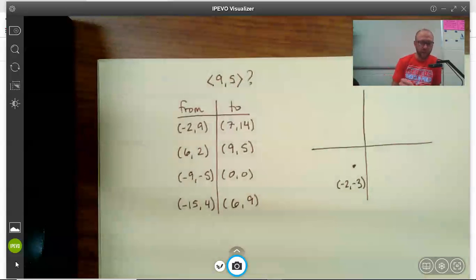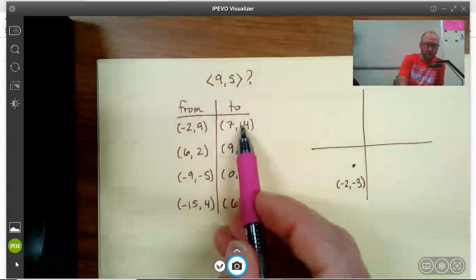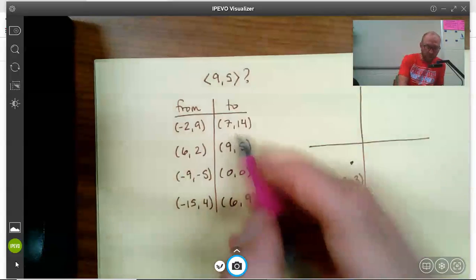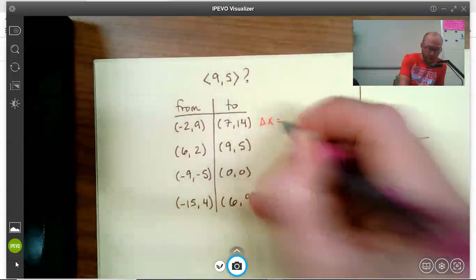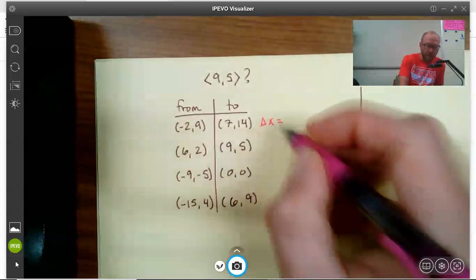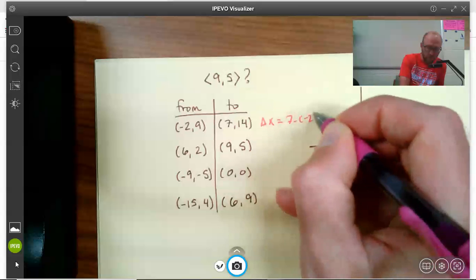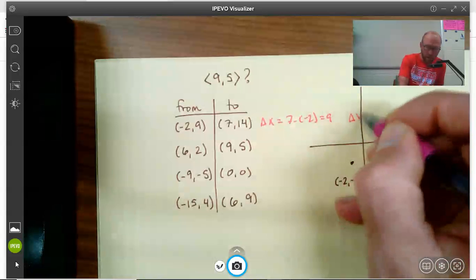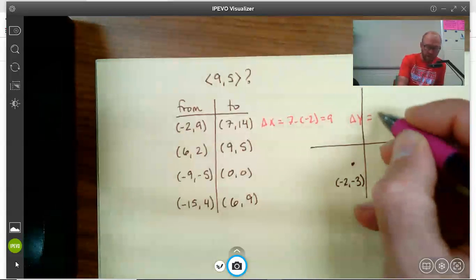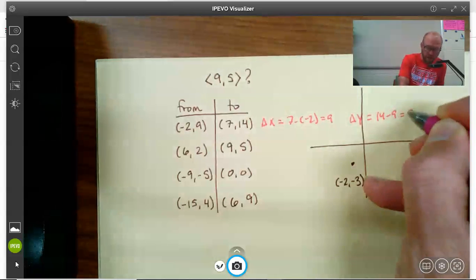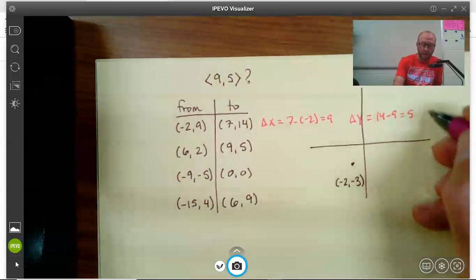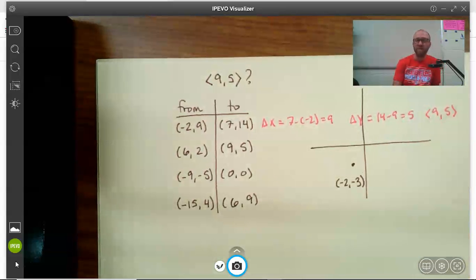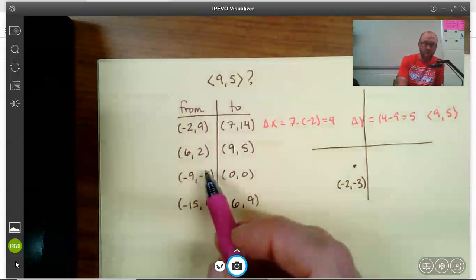So for example here, if I'm traveling from here to here, remember change is always end minus start. So for our horizontal change, it's 7 minus -2 equals 9. And our vertical change is 14 minus 9, which equals 5. And that represents the vector ⟨9, 5⟩. So check. Works.